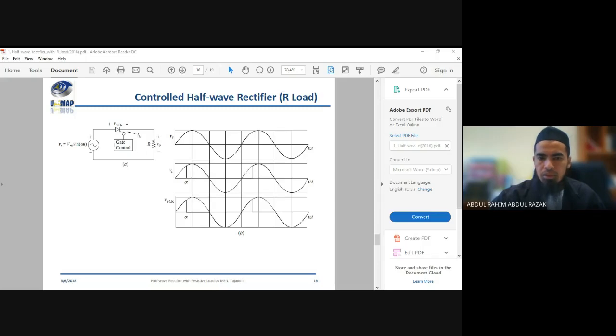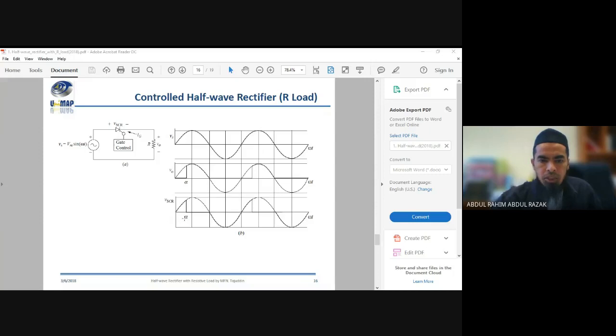Now it depends on the cycles and how much the cycle is. If 60 Hz, the duration follows 60 Hz cycles. If 50 Hz, then 50 Hz. If more than that, kilohertz, the signal will also be in kilohertz cycles.